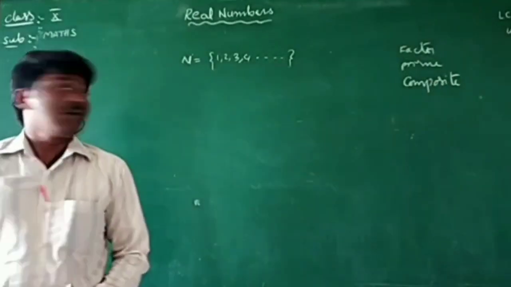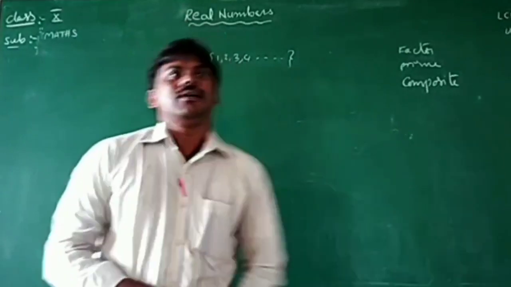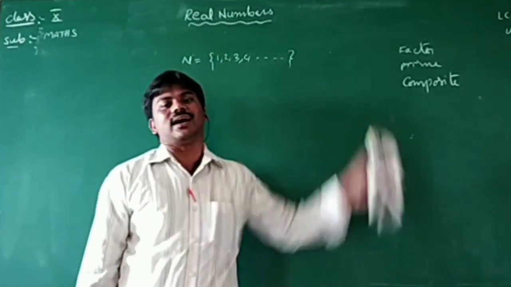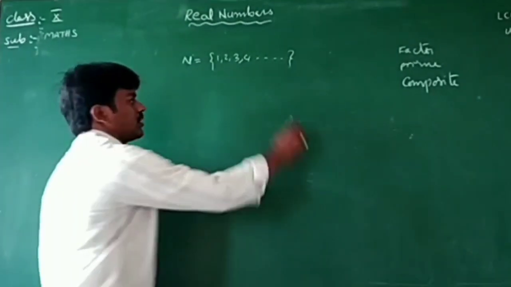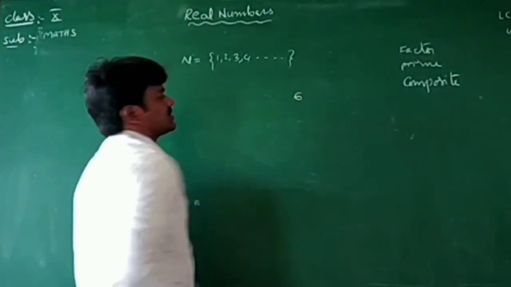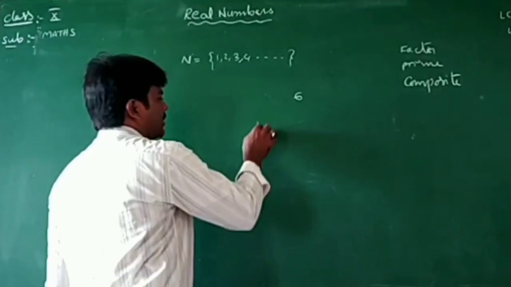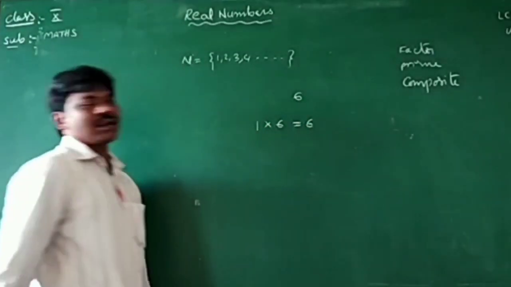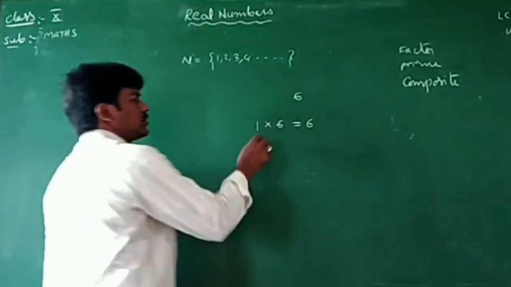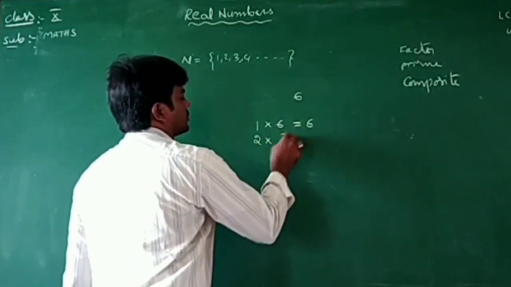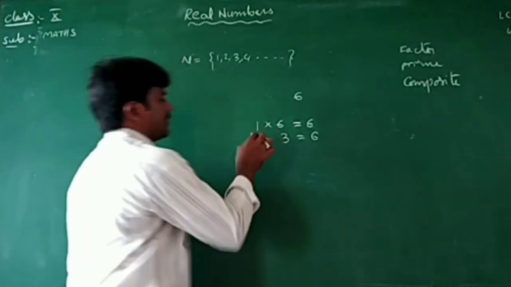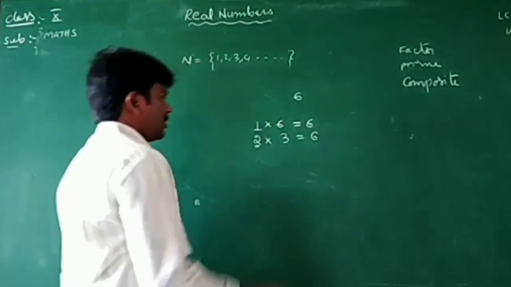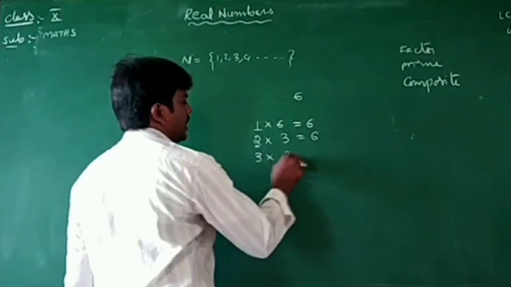First of all, what is a factor? A factor is a number which divides the given number with 0 remainder. Suppose there is 6. 1 divides 6 because 1 6s are 6, the remainder is 0. And 2 divides 6, 2 3s are 6. 3 divides 6, 3 2s are 6.